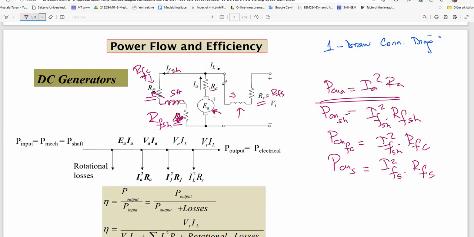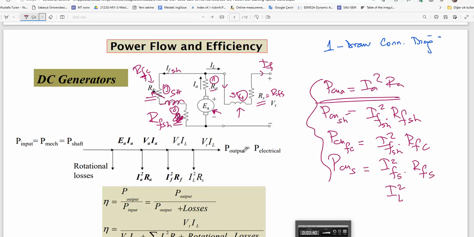In fact, you see this current is equal to the load current in the generator. You can also write load current squared. Those are losses: 1, 2, 3, and 4. Here are 4 lossy elements we have already written down.